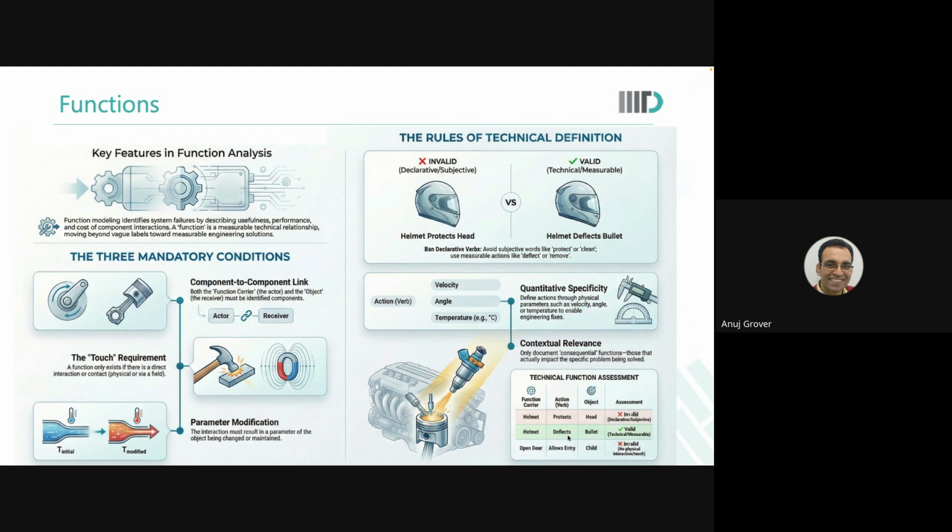This table is maintaining the position of the phone. Yes, but the phone getting placed on the table has no action. There is a touch, so there is a possibility of a function. Now, what is that function?